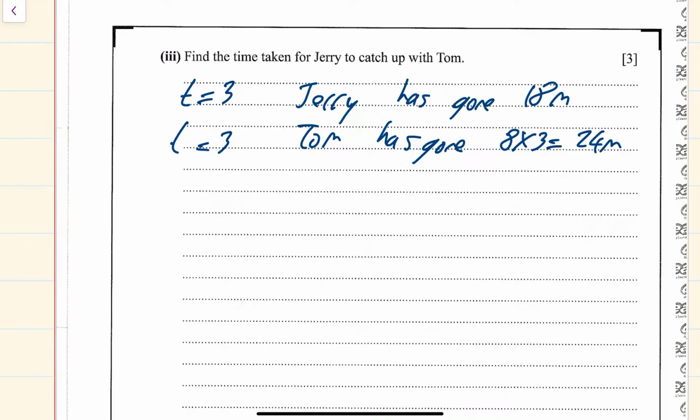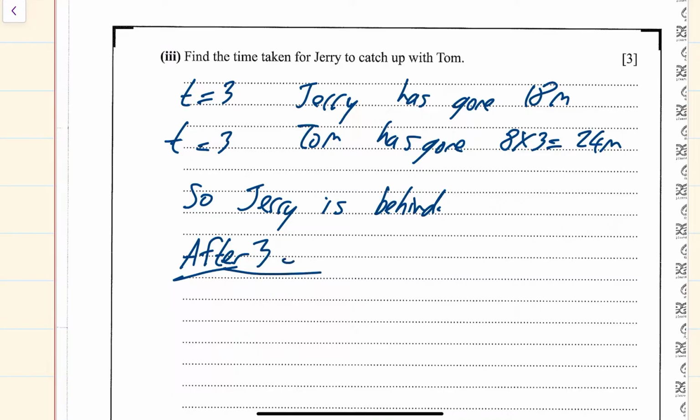So that means Jerry then is behind. Okay, so just to set this up: find the time taken for Jerry to catch up with Tom. We know how far they've gone after 3 seconds, and clearly Jerry's behind. We're now going to look at after 3 seconds.